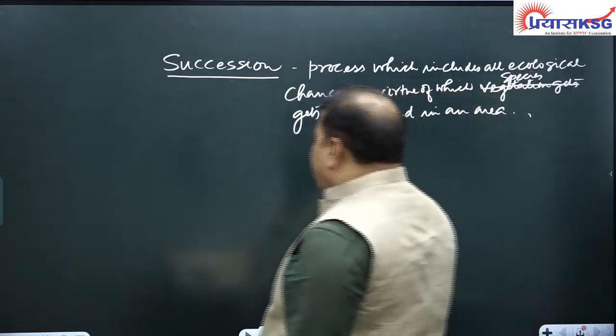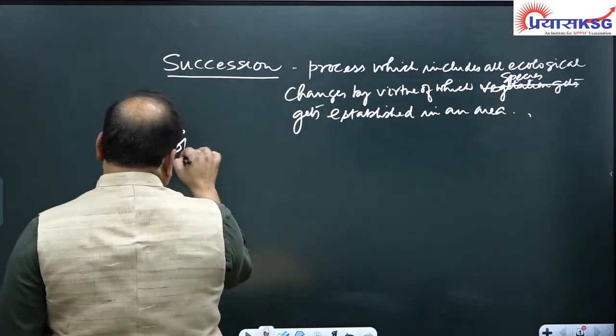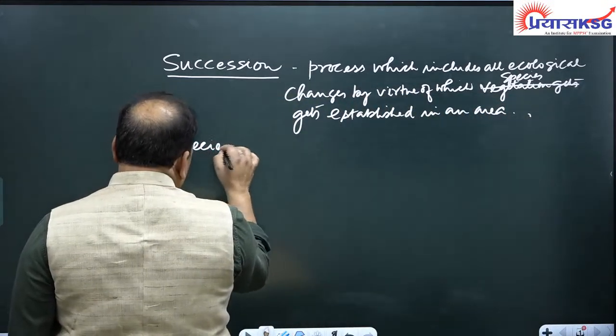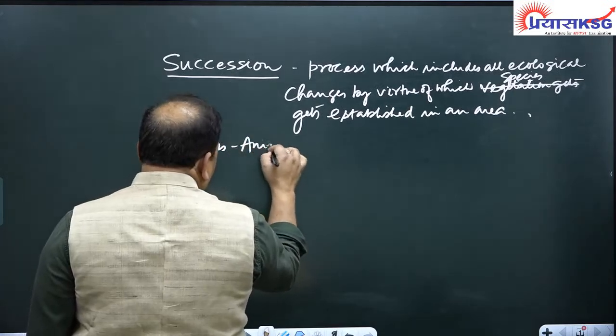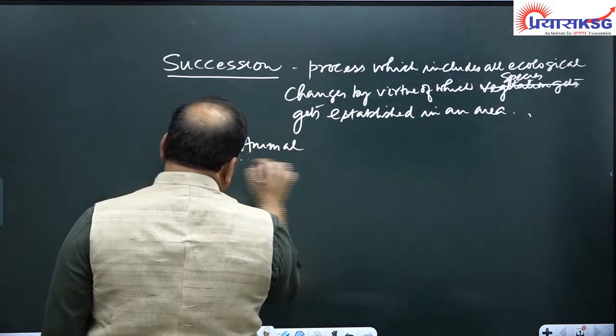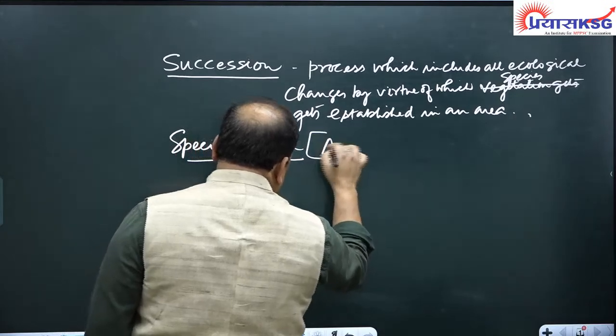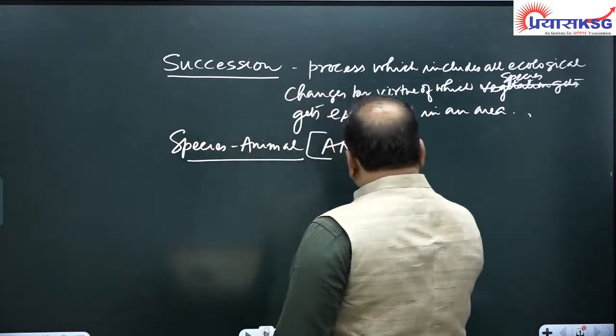Clear? And if suppose the species are animals, then this type of succession would be referred to as what? It would be called as animal succession.